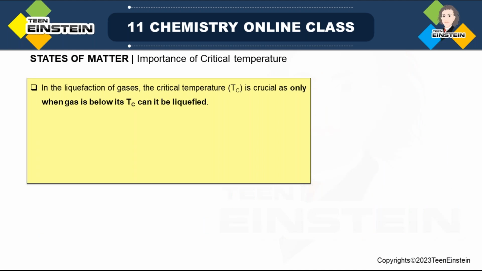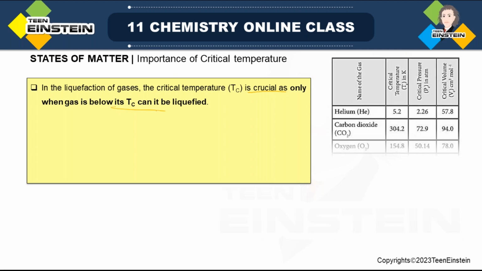It is the temperature you have to keep in mind if you are interested in liquefaction of gases, because you have to keep the gas below it, not above it, otherwise it is not possible. In the liquefaction of gases, this is crucial. Only when the gas is below this TC can you do liquefaction.